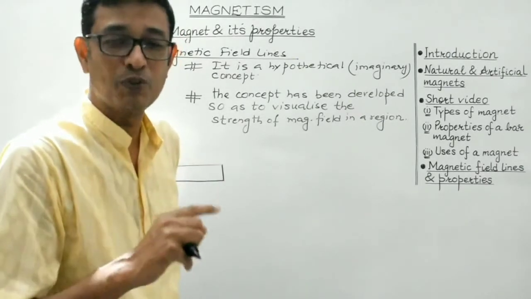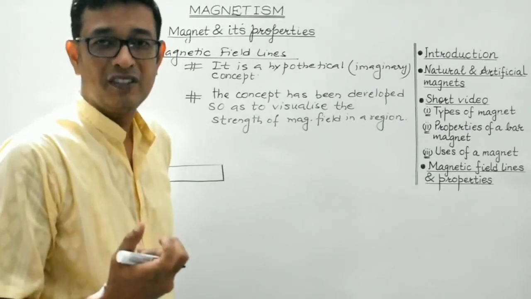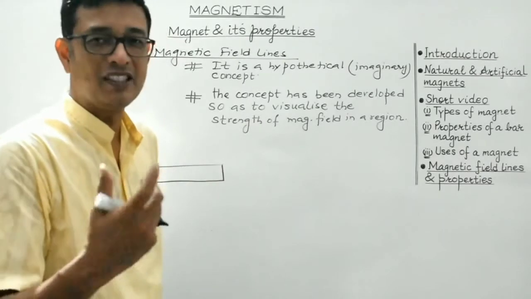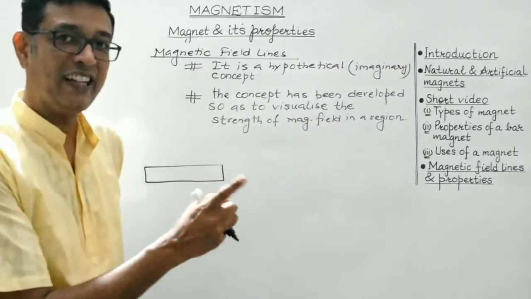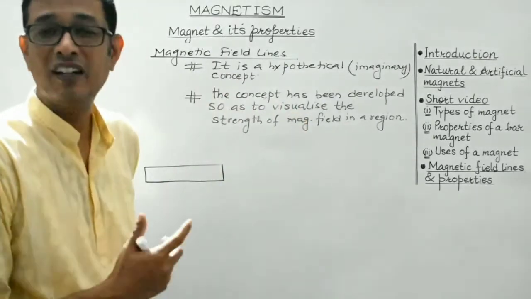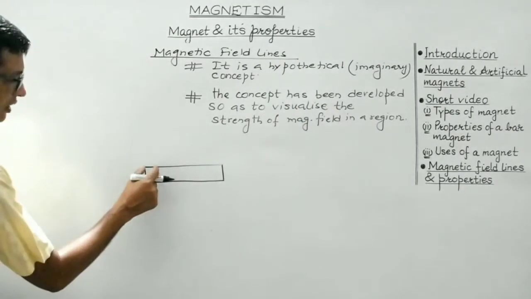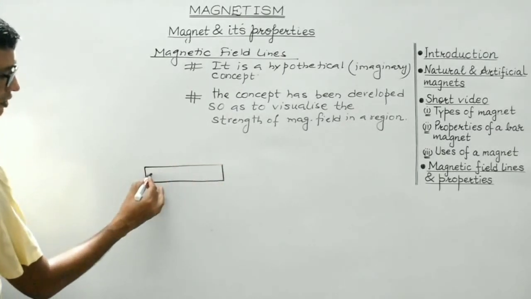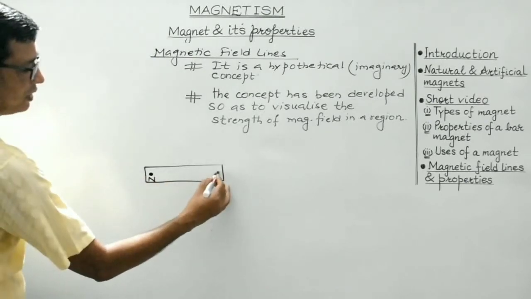One is the north pole, the other one is the south pole. They have some pole strength. Both are of equal magnitude but different nature, isn't it? And these poles are not exactly the endpoints, but near the endpoints of the magnet, where the magnetic force of attraction is maximum. So suppose this is the north pole, and let us consider this to be the south pole.